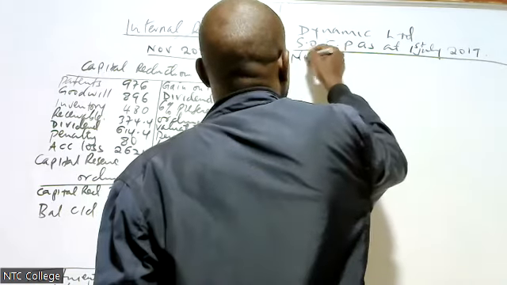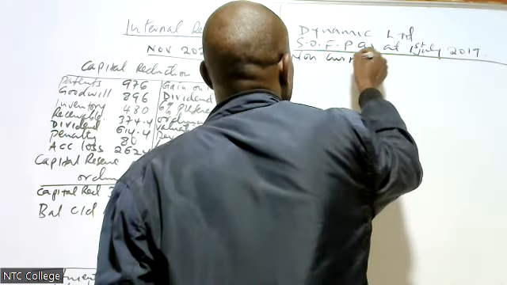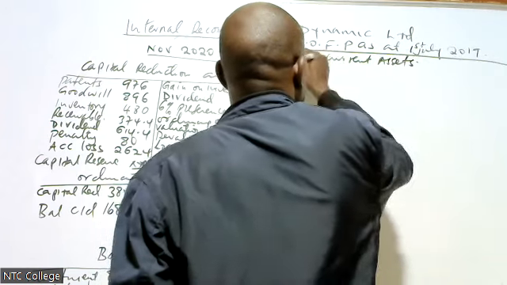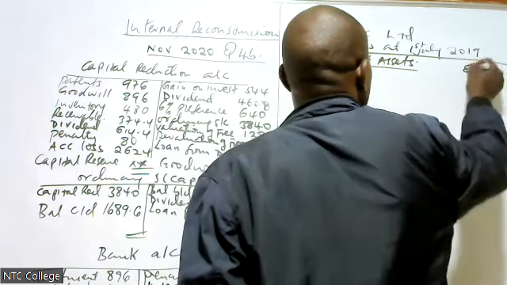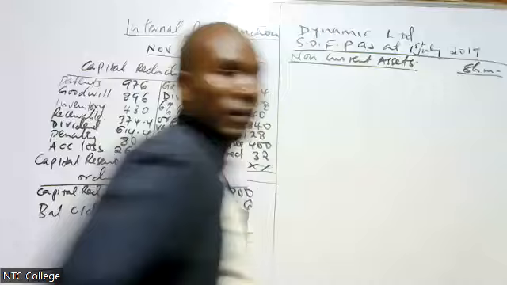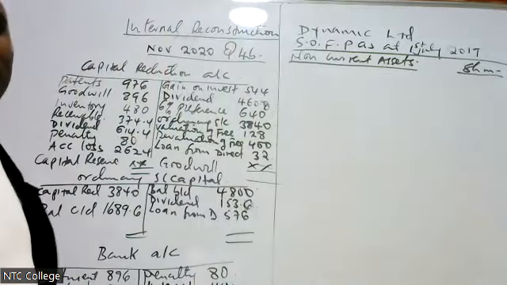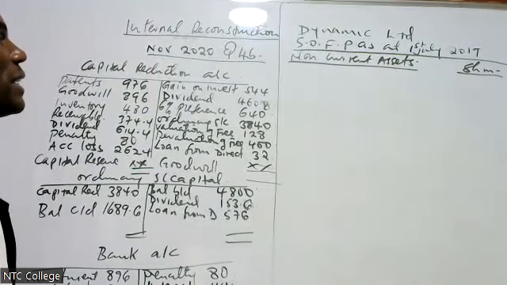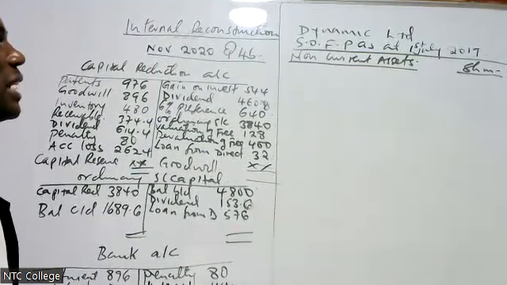You start with non-current assets. Shillings in millions. Dynamic Limited statement of financial position as at 1st July 2019.